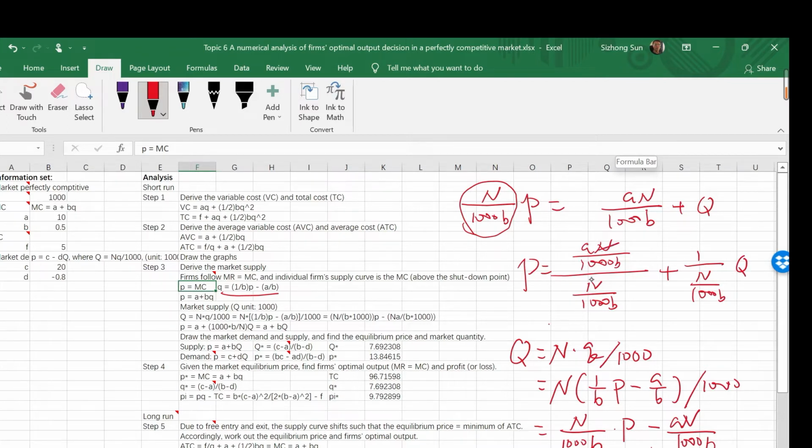This cancels out with this, and we get P equal to A plus 1,000 B divided by N times Q.